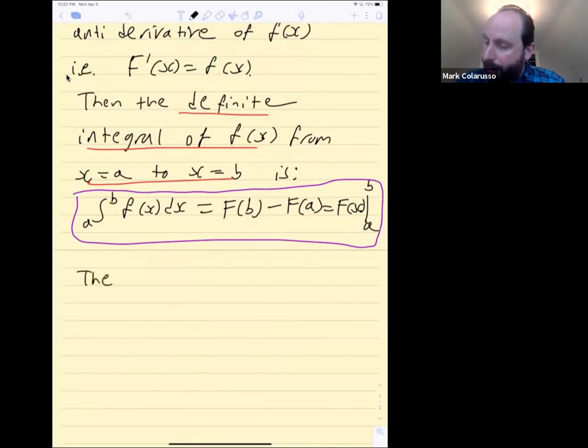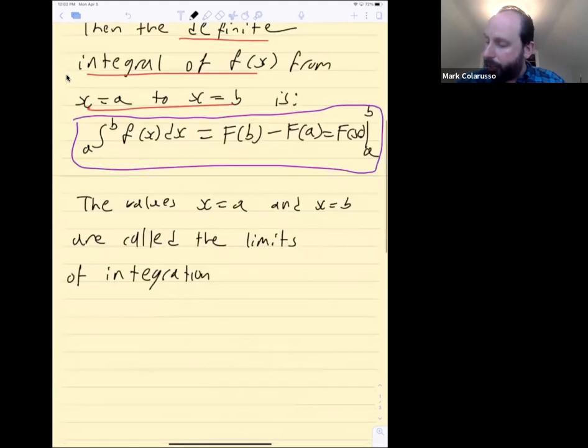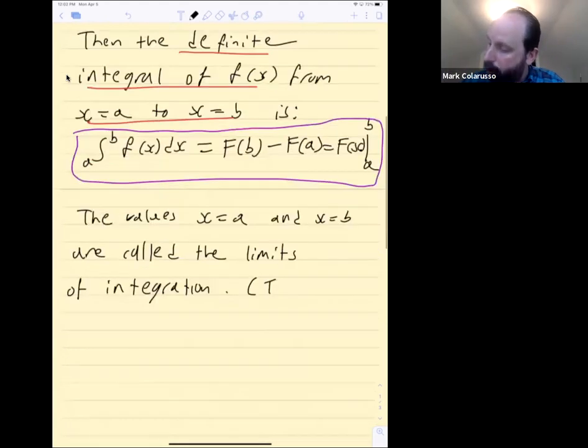The values x equals a and x equals b are called the limits of integration. The one that appears on the bottom, the value x equals a, is called the lower limit of integration.